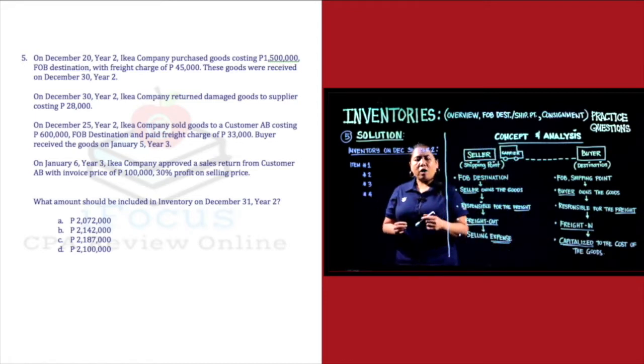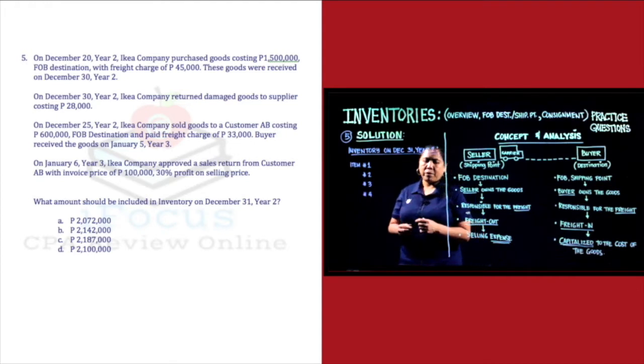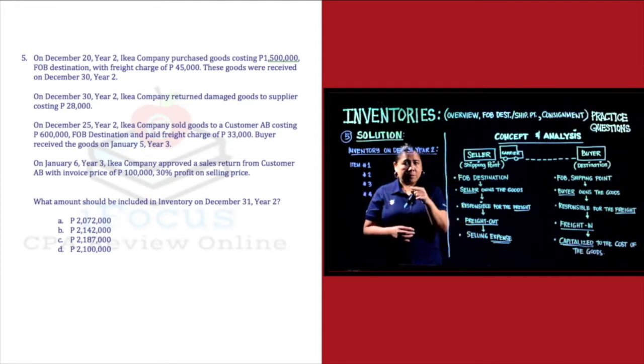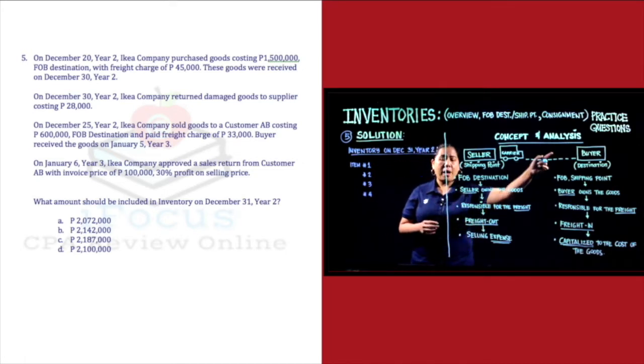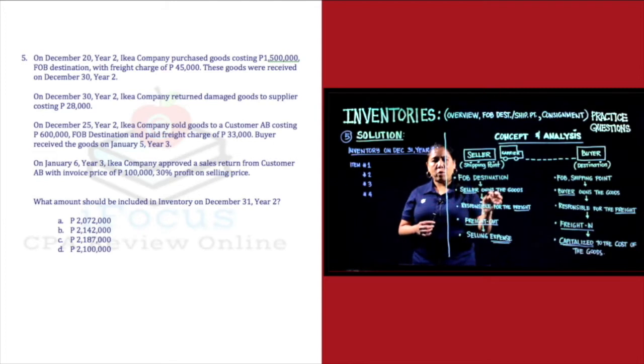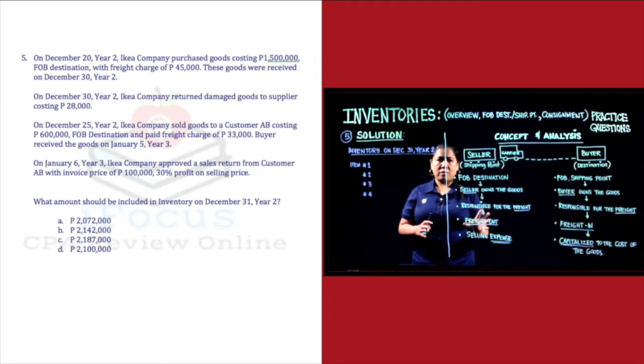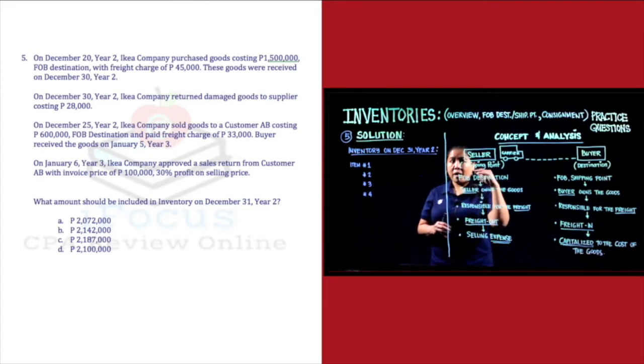So, on December 20th, year 2, IKEA company purchased goods costing 1,500,000. So, pinurchase ni IKEA, buyer siya. Alright? FOB destination. Kapag FOB destination, pag-aari ni seller, with freight charge of 45,000. Yung 45,000 sa books ni seller, magiging freight out. Kasi nga, pag-aari niya yung goods in transit na yan.